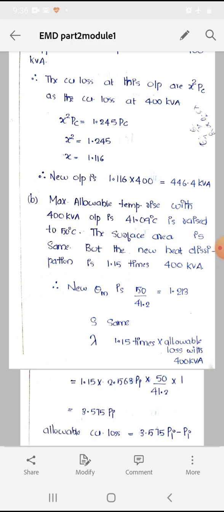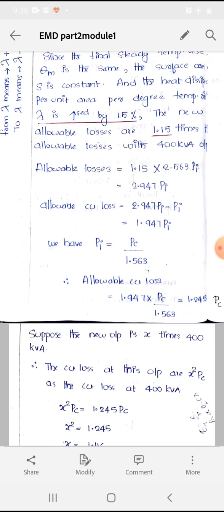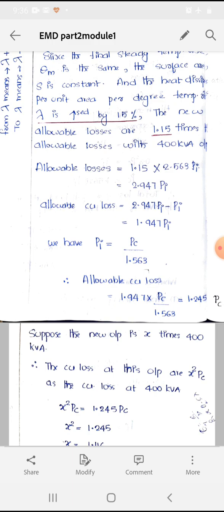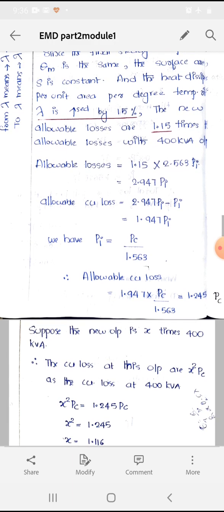Now we need to find the new theta m, because they have clearly told that it is raised to 50 degrees Celsius. So the new theta m is 50 by the previous value 41.2. Also we need to find the allowable losses.